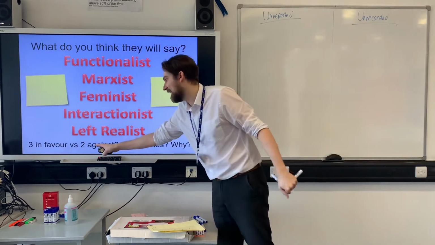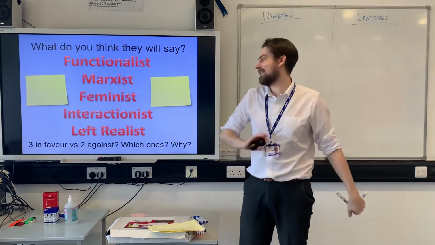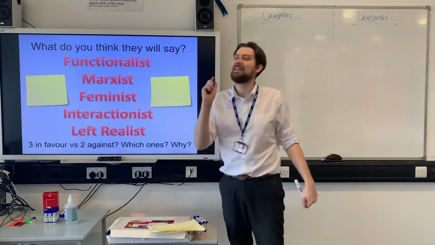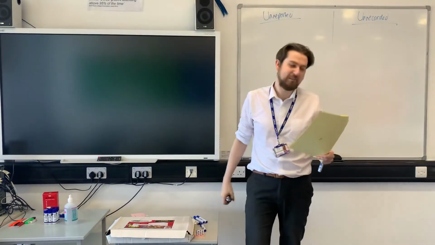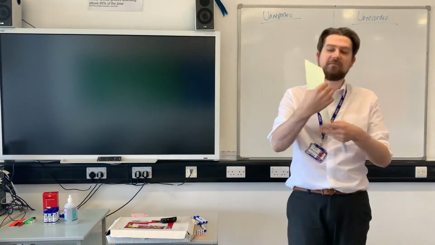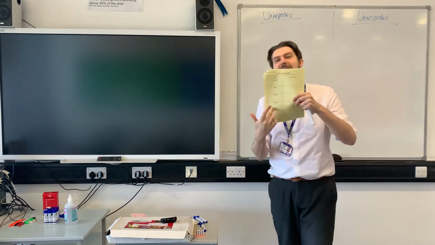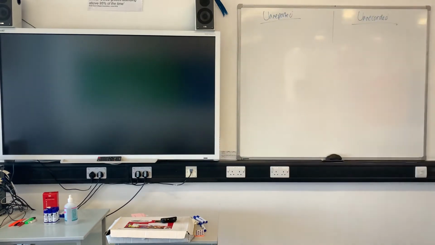So it says on here, 3 are in favour and 2 are against. That's not correct. So if you thought, oh no, I'll use that, that's not going to work for you. That's not necessarily the truth. So, theory: functionalist, Marxist, interactionist, left realist and feminist. Just in there, I want happy faces or sad faces. Do that now.